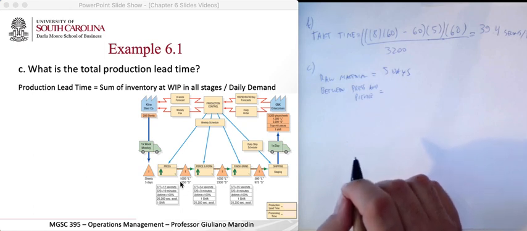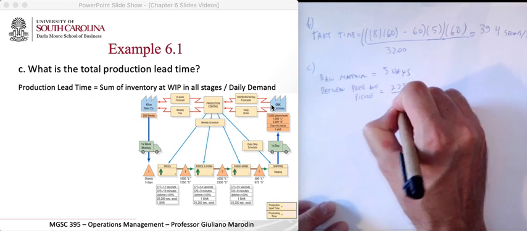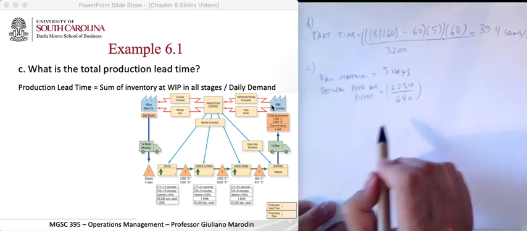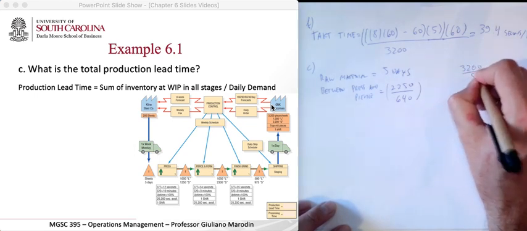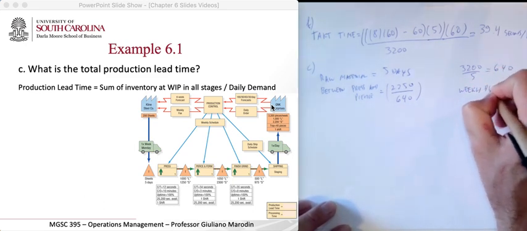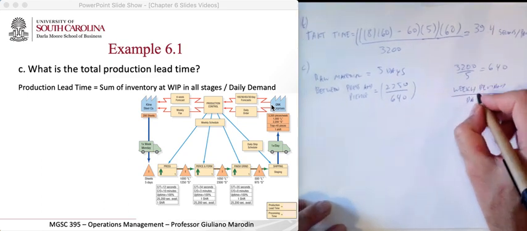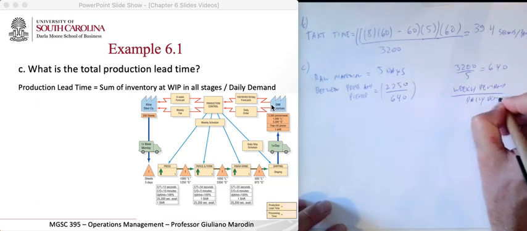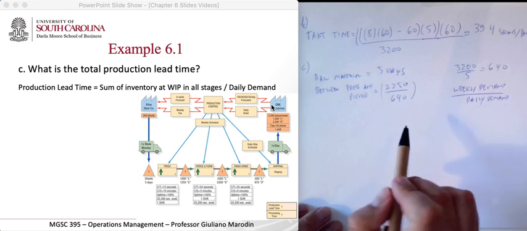To make it in time, I need to divide that by the daily demand. So that's 2,250 divided by 640, which is the daily demand. How do I get the daily demand? From the weekly demand.